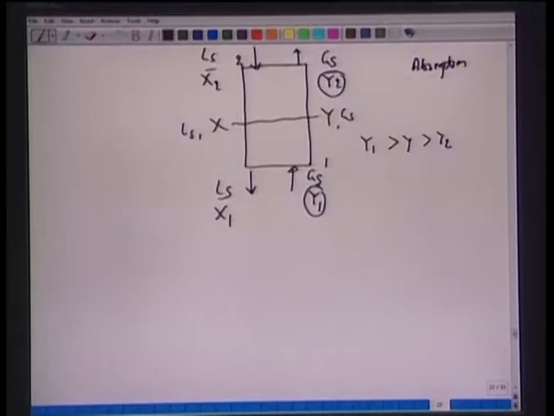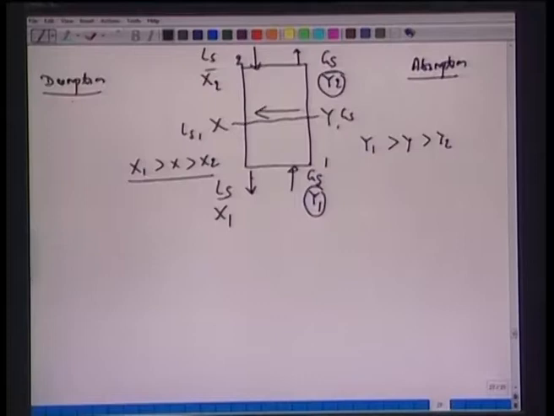Just the reverse of this would be a desorption column or stripping. There we have a liquid which is of very high concentration. Here if you go by absorption, we have X1 greater than X greater than X2. So nearly pure solvent becomes rich in the transferring component.